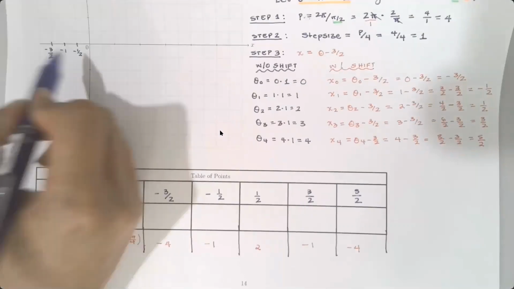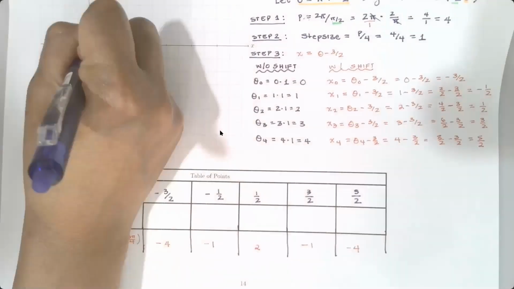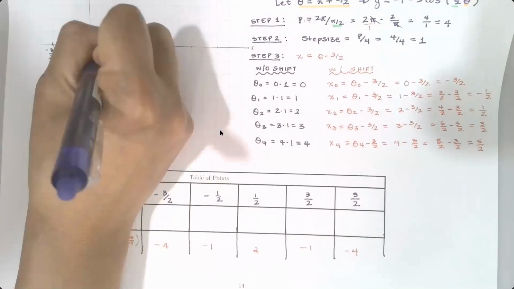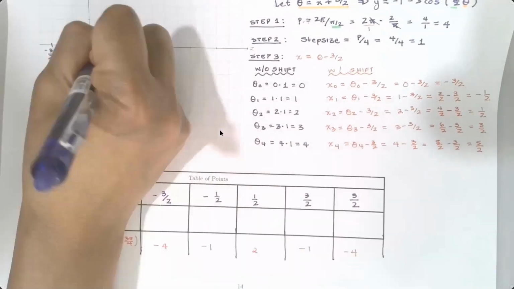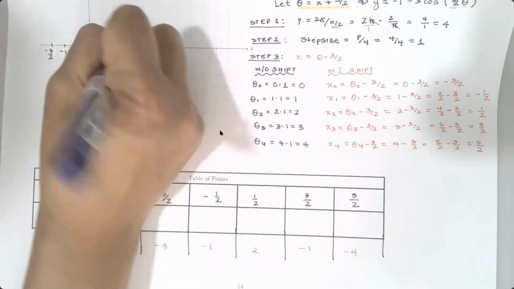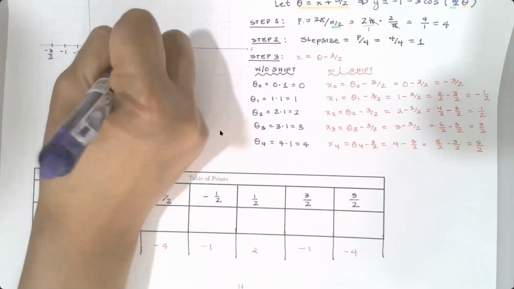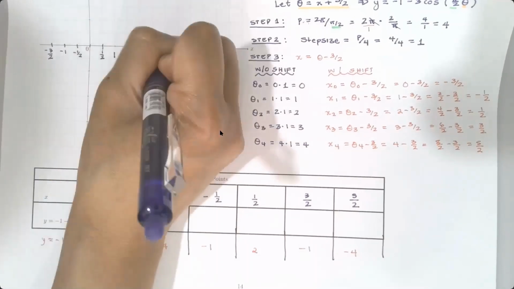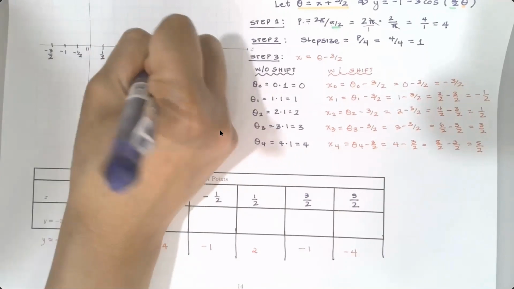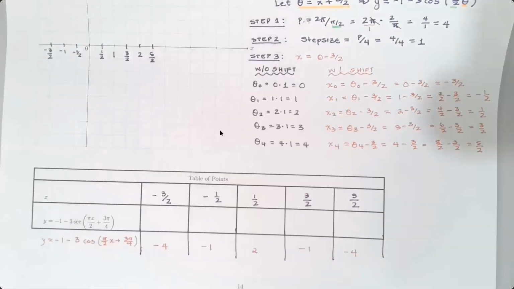Using the same unit distance between each tick mark, we have 1/2, then 1, then 3/2, then 2, then 5/2, and that's as far as we need to go. That should be good enough for our needs.